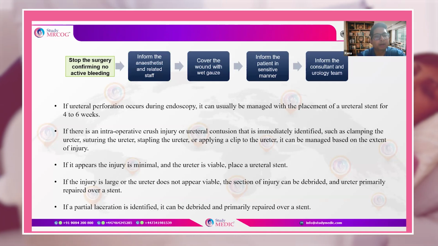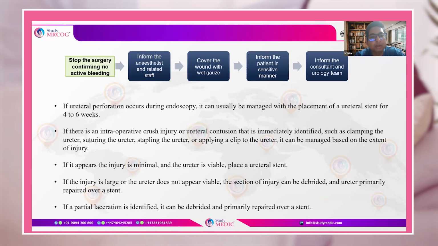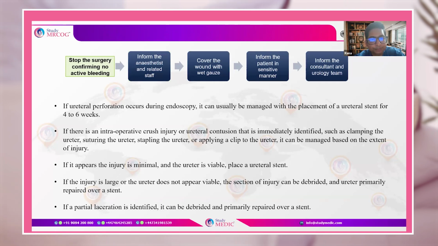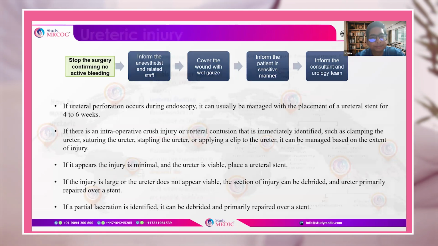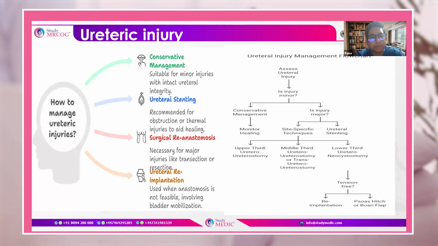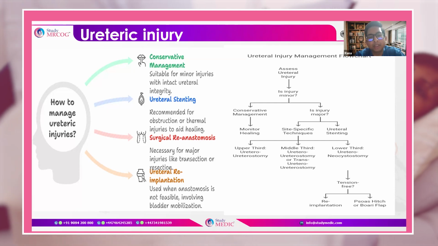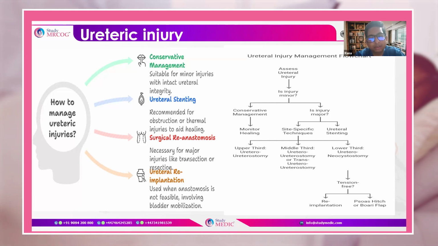So please remember, your management depends on the type of the injury. First you need to assess the ureteric injury, what type of injury has occurred: a thermal injury, crush injury, or transection injury.